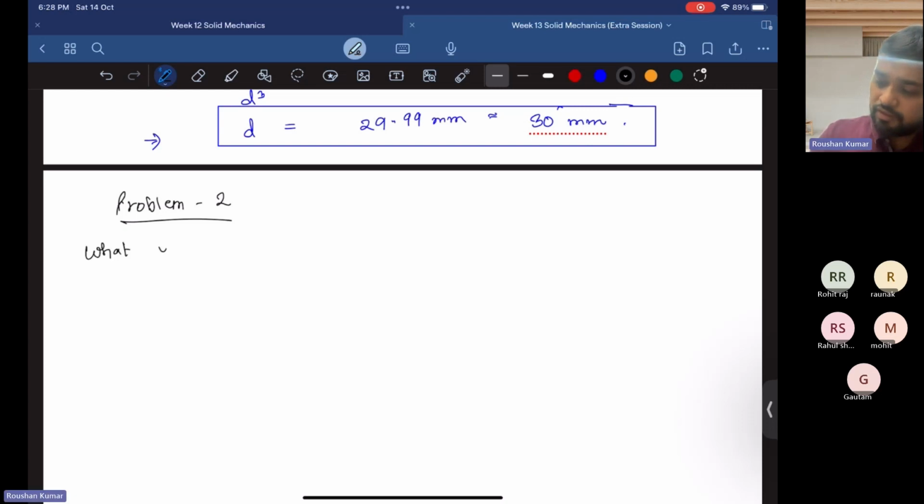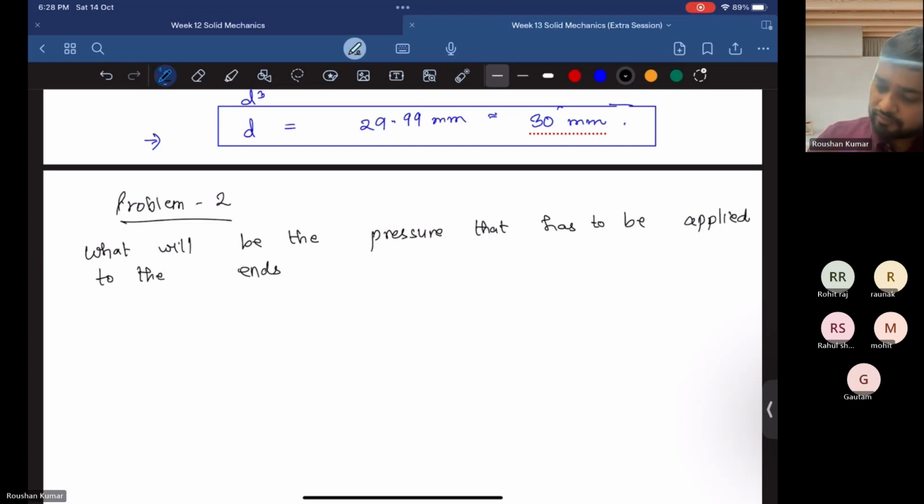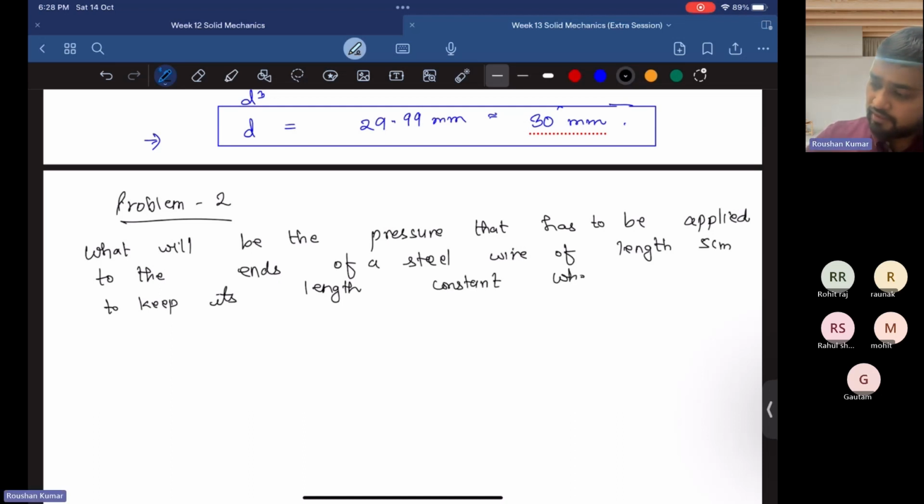The question is, what will be the pressure that has to be applied to the ends of a steel wire of length 5 centimeter to keep its length constant when its temperature is raised by 50 Kelvin.